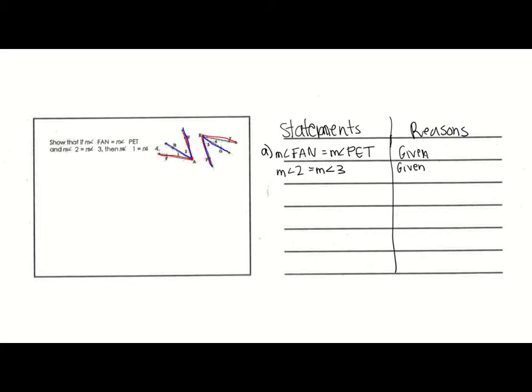So the first thing I'm going to write is that the measure of angle FAN is equal to the measure of angle 1 plus the measure of angle 2.